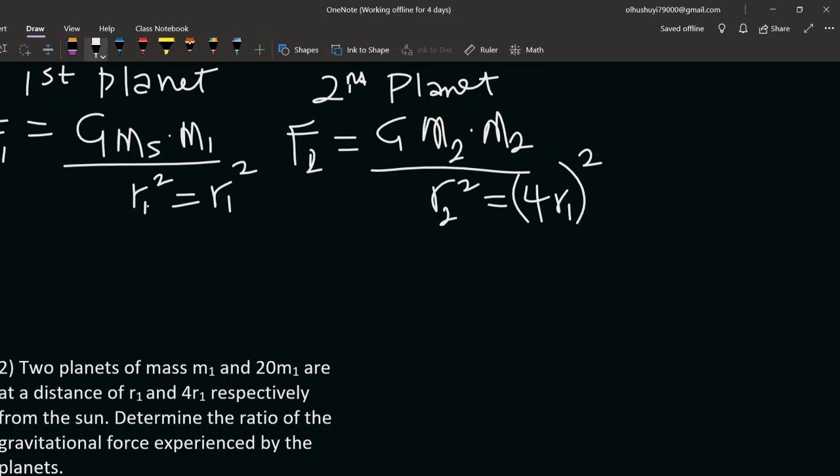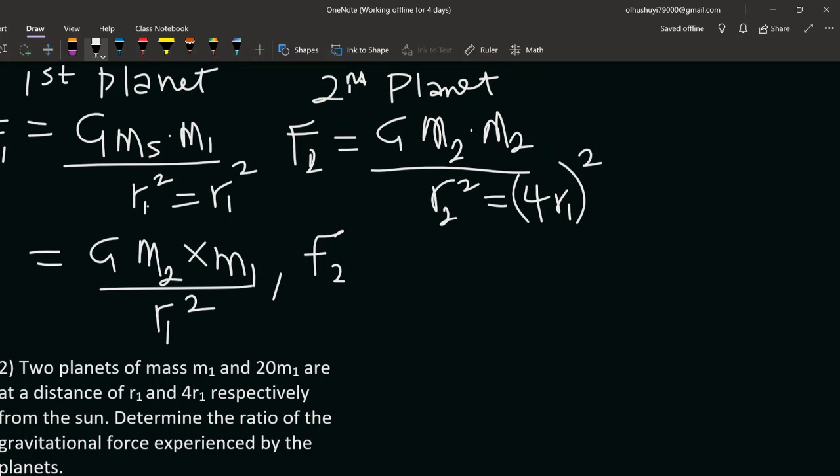Now let's go again. f1 can be equal to G times mass of the sun times m1 over r1 squared, and f2 can be equal to G times mass of the sun times the m2.